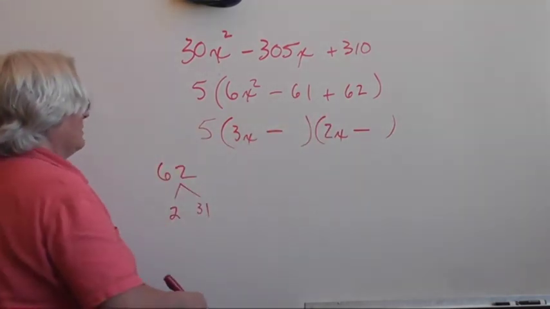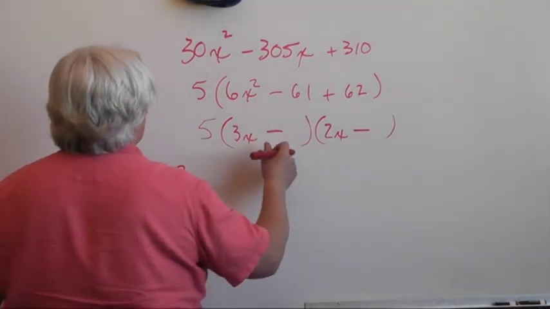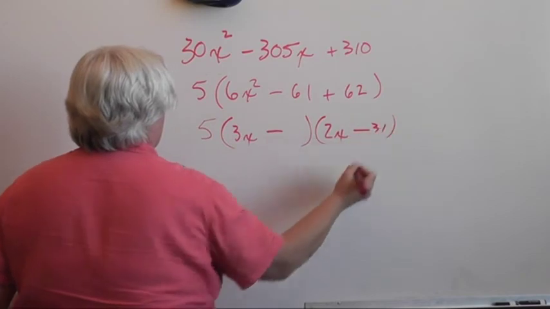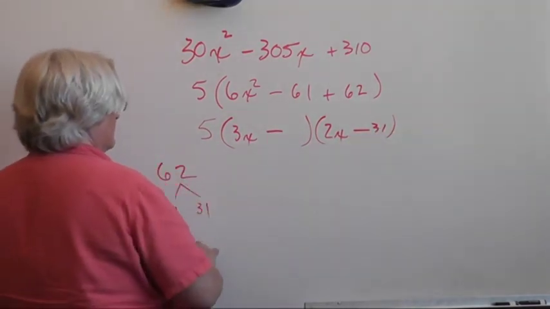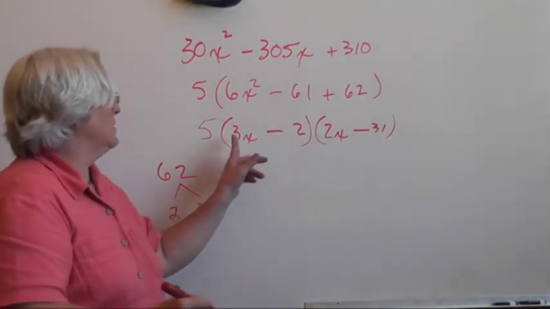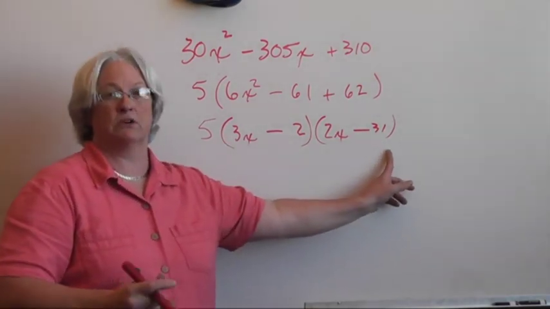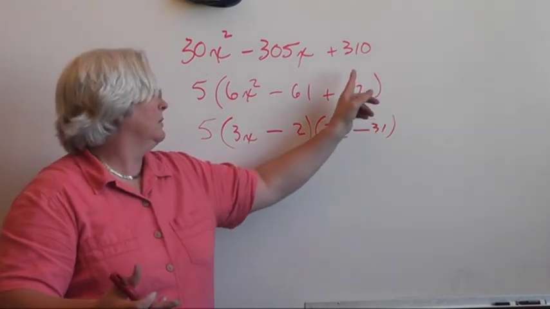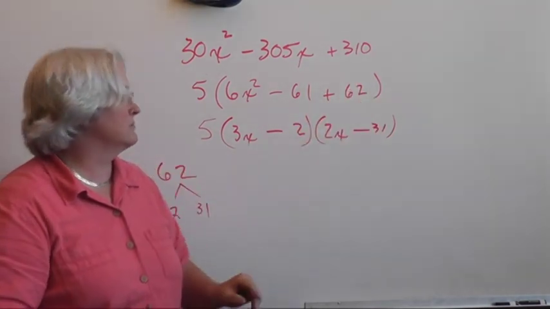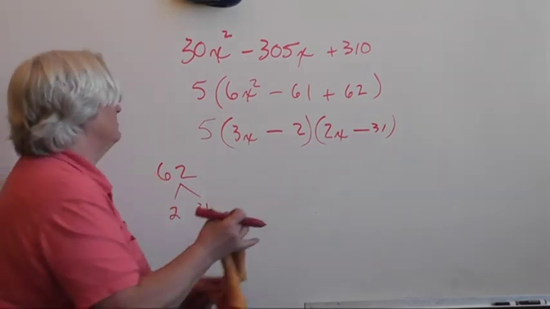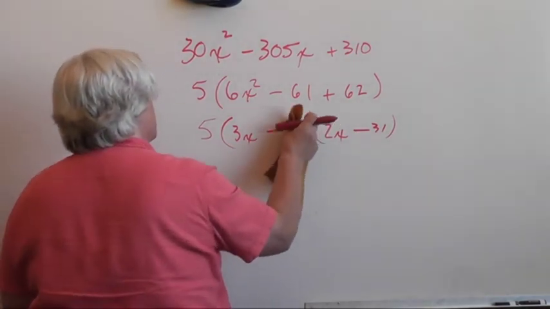What happens if we put a negative 31 there and a negative 2? Well, 3 times 31 is already our problem. 3 times 31 is 93. We only have to get to 62. So that particular manipulation doesn't work. So let's just exchange those.